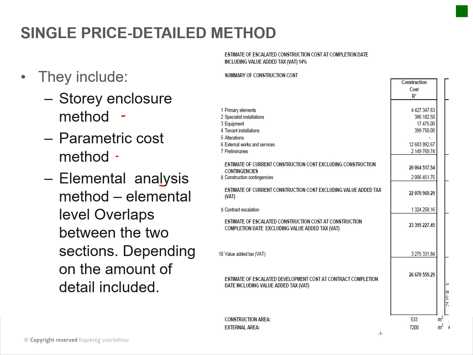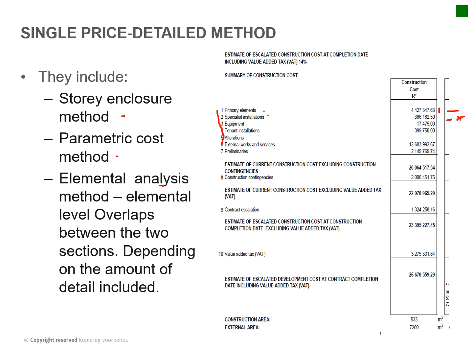So this is an example of an elemental analysis method where you've got your primary elements and so on, and you've got your cost estimation here, but it's based on a per square meter area on this side, which is times with a rate to get to that estimation.